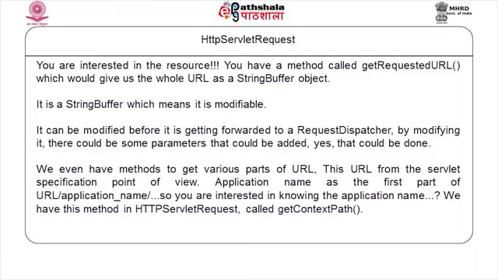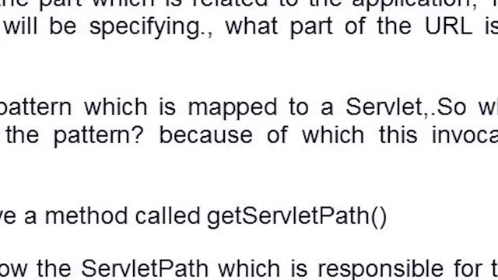So, from the HttpServletRequest, we have a method called getContextPath, that gives us the part which is related to the application.